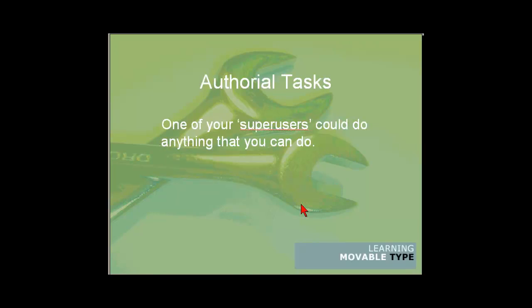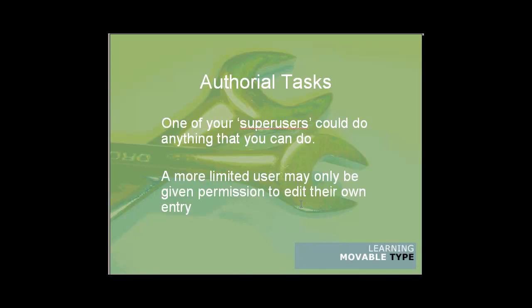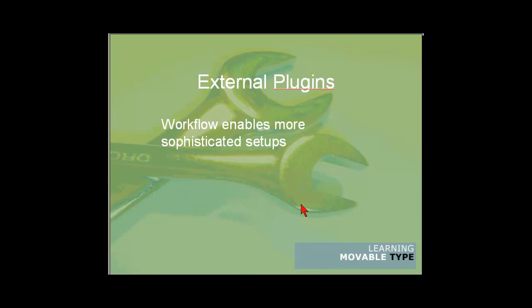For example, one of your super users could do anything that you can do. A more limited user might only be able to edit their own entry. There are also some more external plugins available that would enable you to create far more sophisticated setups.